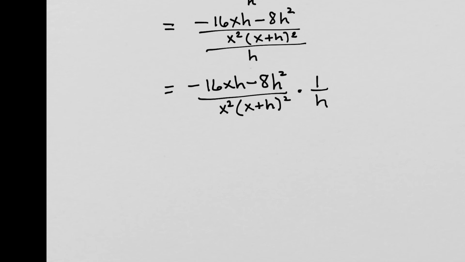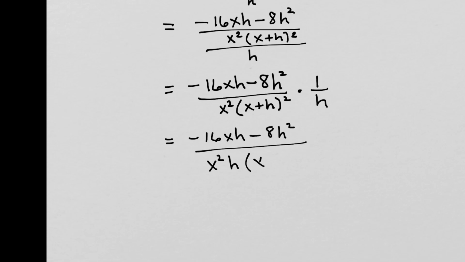And so now all I have to do is put the h with the denominator, and that gives me negative 16xh minus 8h squared. You probably can see where this is going. X squared times h, I'll just put it in the middle there, times x plus h quantity squared. And now I'm going to divide each of the numerator terms by h.